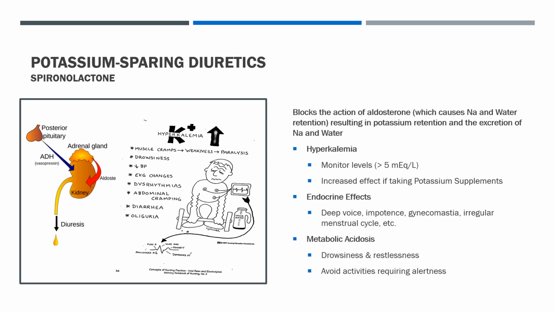So then here are your symptoms: low blood pressure, drowsiness, diarrhea, abdominal cramping, oliguria. Oliguria is very little urine output. And then endocrine effects can also happen with spironolactone.